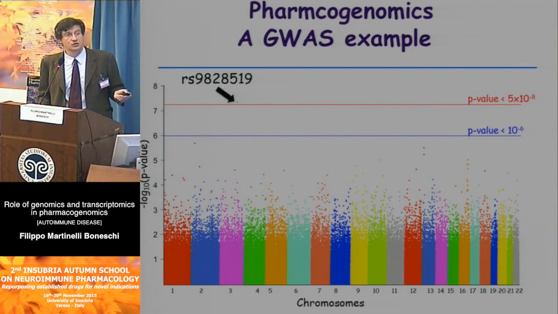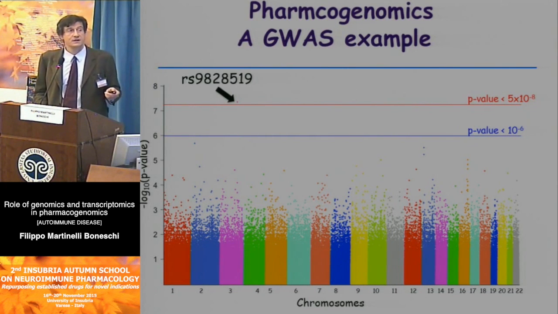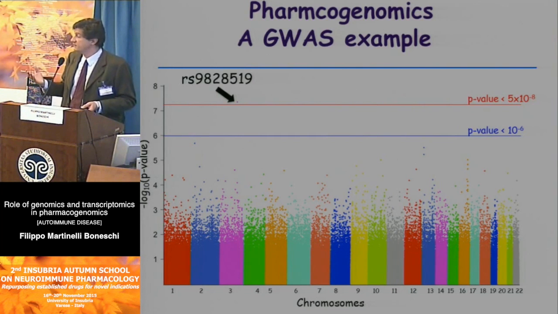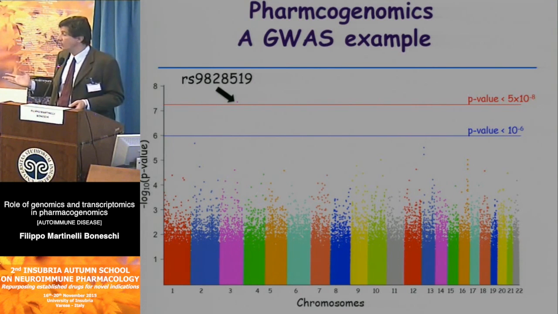So to make the story short, this is the p-value which is Bonferroni corrected, the genome-wide p-value. So you're testing more than 500,000 SNPs. What is beyond this cutoff p-value means that there is something which makes sense. What is below that can be noise, okay?